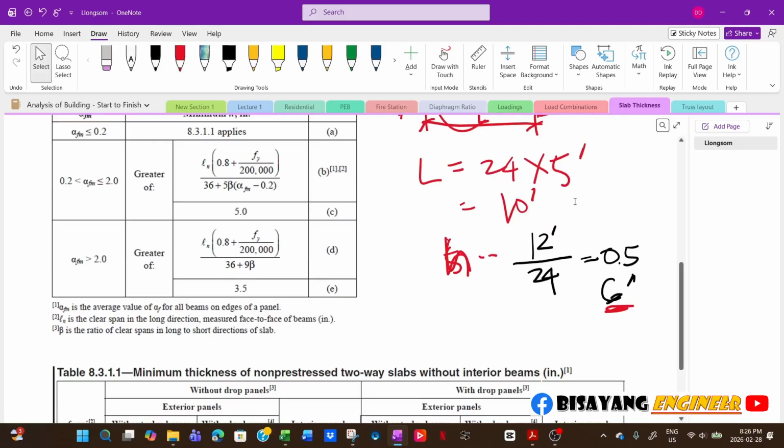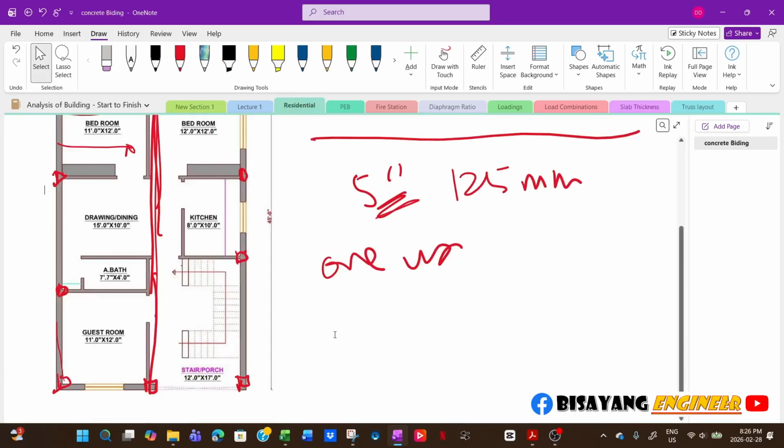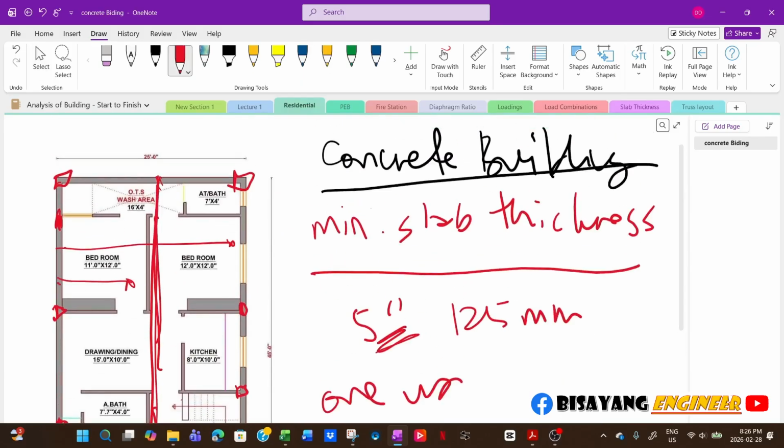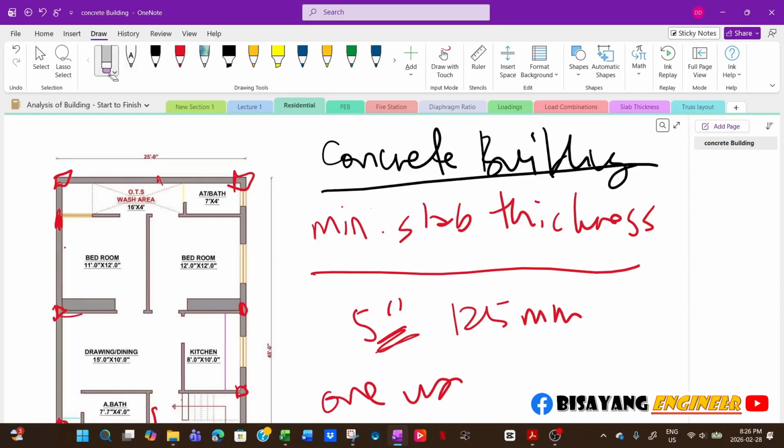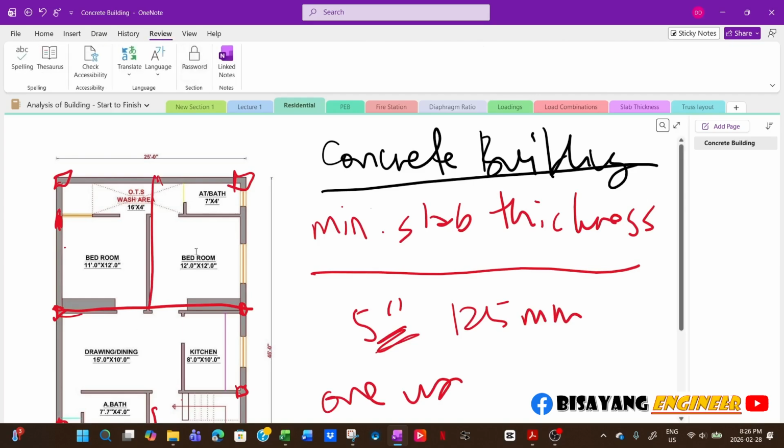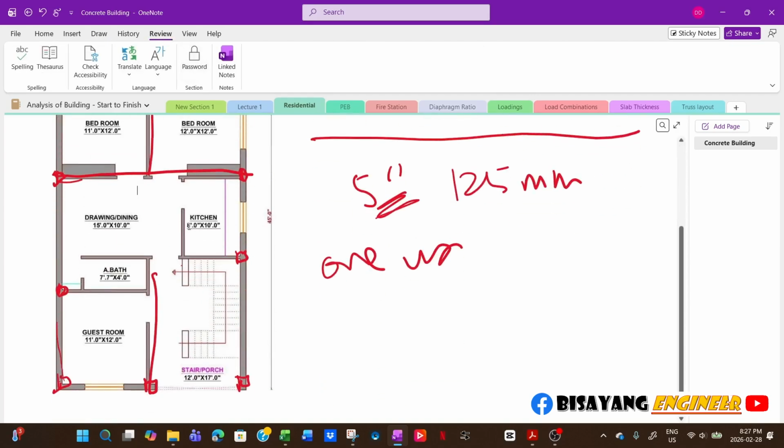Now, if you decide that this will be framed as a two-way slab, you will decide that you have a beam here and then another beam here, and maybe another beam on this side, like that. And then since you have an opening, it depends.